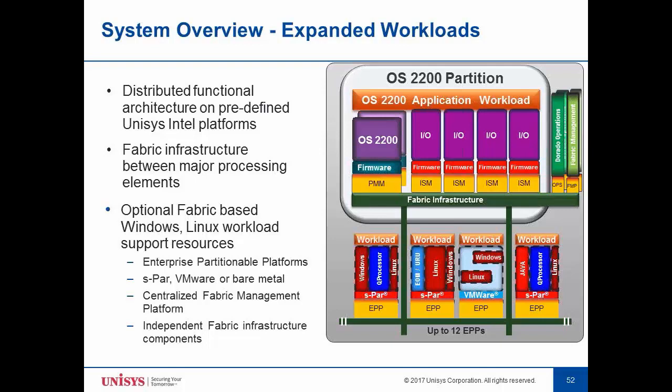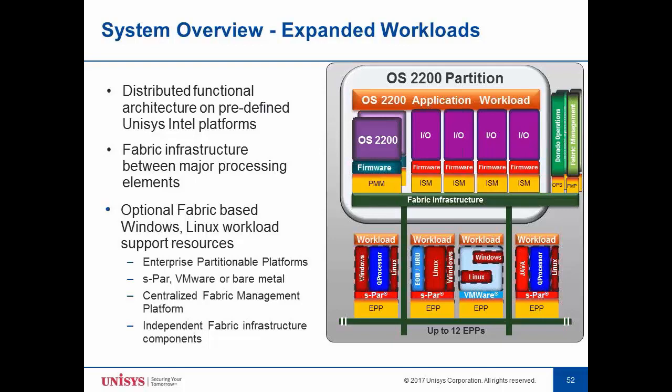The fabric-based infrastructure comes with its own fabric management platform that we call the FMP, which allows you to deploy the partitions on these fabric resources and to change how those partitions are defined as your business needs change.